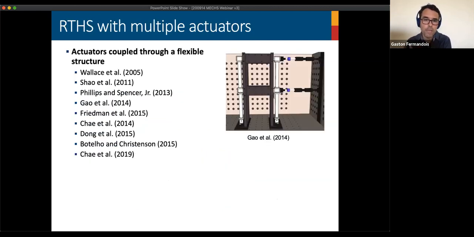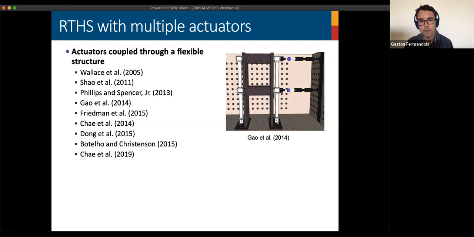Before going to that topic, we conducted a literature review on the field, and we identified that in real-time hybrid simulation, there has been a lot of work with multiple actuators, but where the actuators were coupled through a flexible structure.